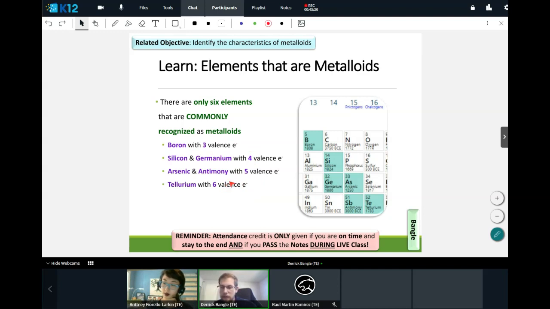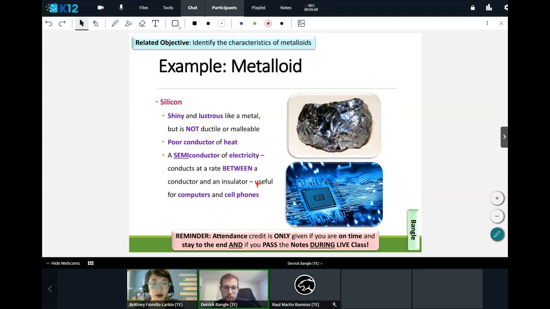They could either tend to want to lose or gain. Or when it comes to silicon or germanium, right, having 4, which is half of 8, it can actually do both, which is why silicon just so happens to be one of the key elements that is critical for making computer technology.